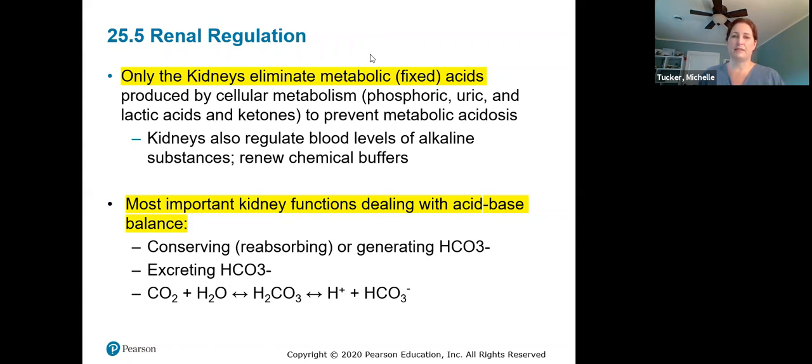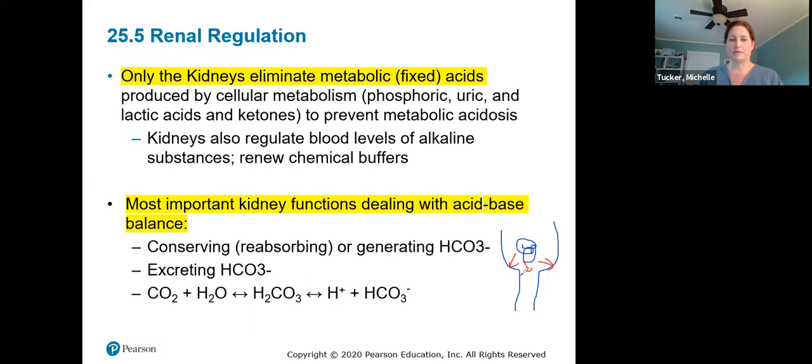So bicarbonate, if you remember, we have our glomerular capillaries, and then we have our proximal convoluted tubule. Bicarbonate is going to be in the filtrate. As filtrate is produced, bicarbonate is going to be at the same concentration in the filtrate as it is in the extracellular fluid. So we are constantly losing bicarbonate through filtrate formation.